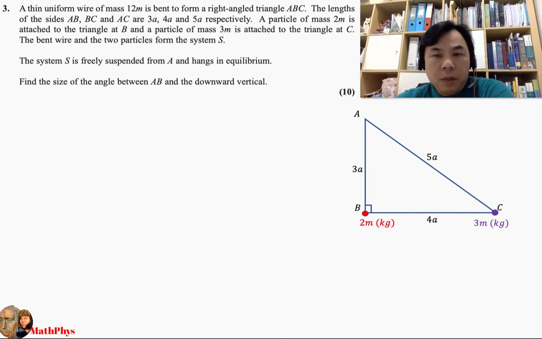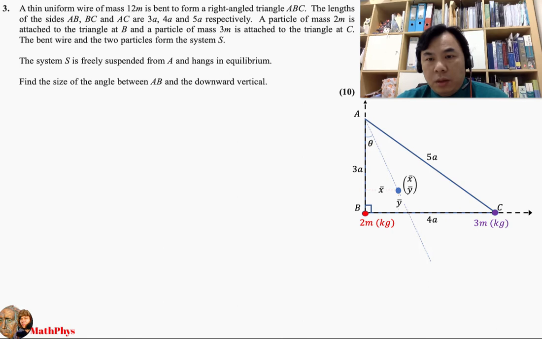Now the same thing, we have to set up our reference frame in this case. You can see that the origin is set at B here. We are going to make assumptions where the center of mass will be located.